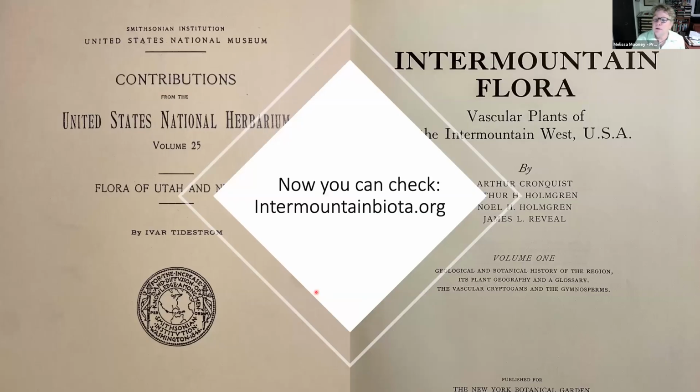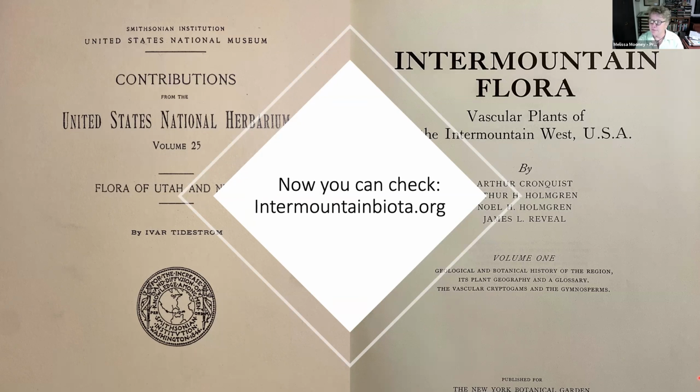Now, moving on through the years since then, in 1925, Ivar Tidestrom developed a flora. And then the most significant development since then has been the publication of the Intermountain Flora, which, again, many of you are probably familiar with. Volume 1 came out in 1972, and Volume 7 came out in 2017.